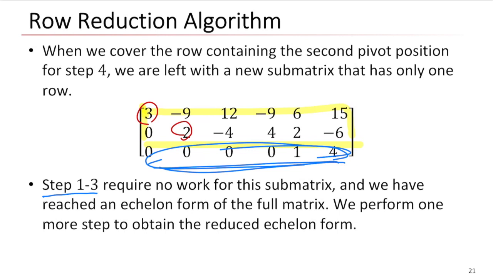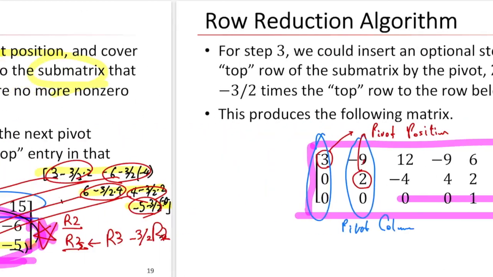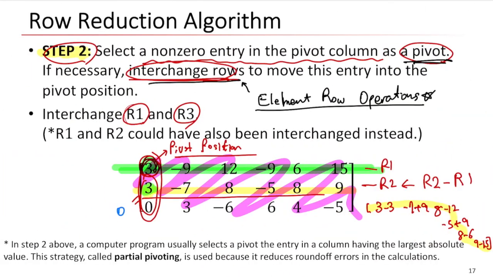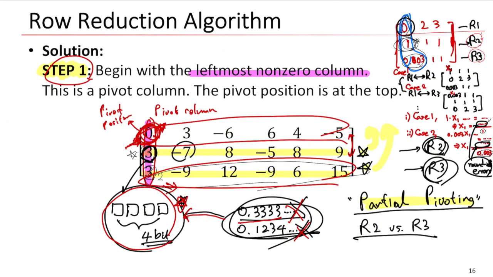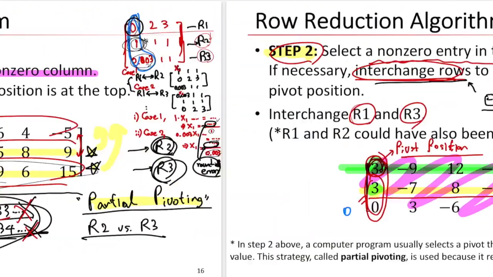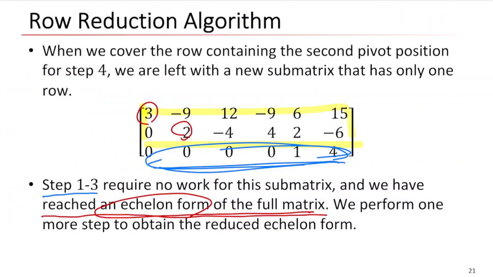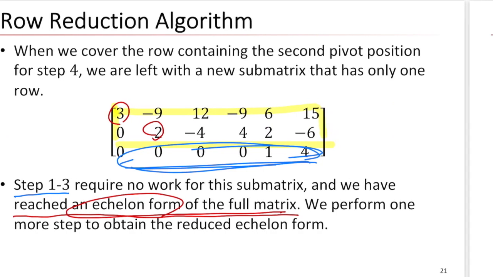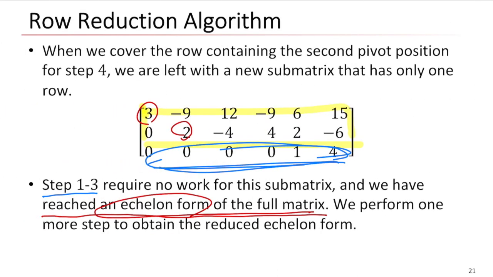So we could say that we reach the echelon form of the full matrix. So what does this mean? Starting from this original matrix, we arrive here, at this echelon form of the matrix.